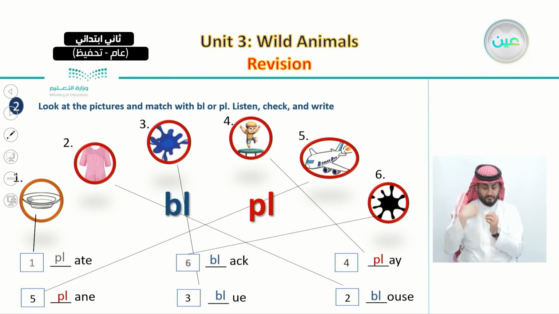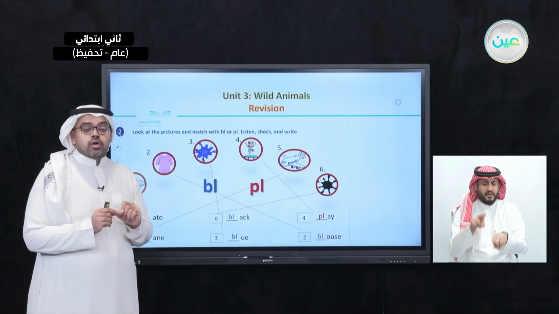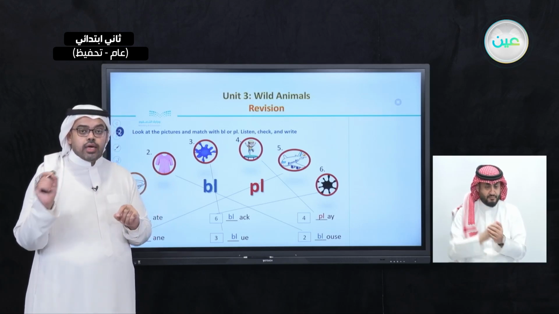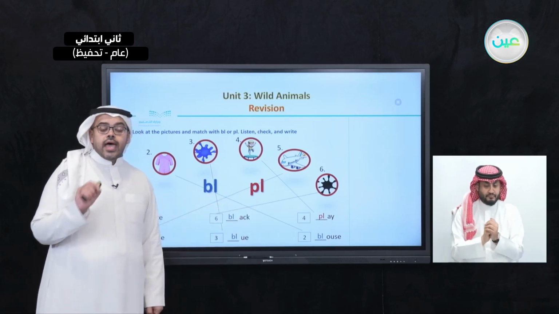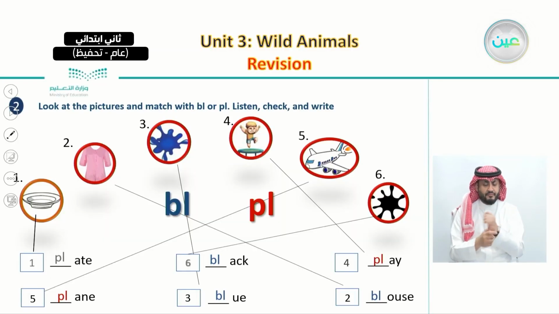So now, just a quick reminder, I'm going to say these words again, and I would like you to listen carefully to the difference between these sounds, BL and PL, and say it with me. As we said, the first word starts with the PL sound, as in plate, plate.